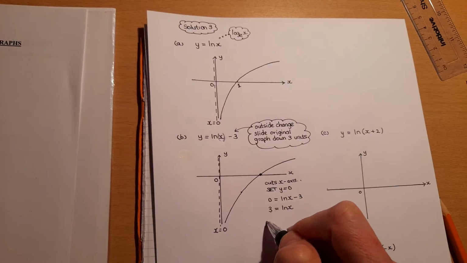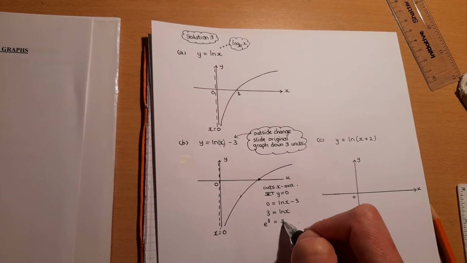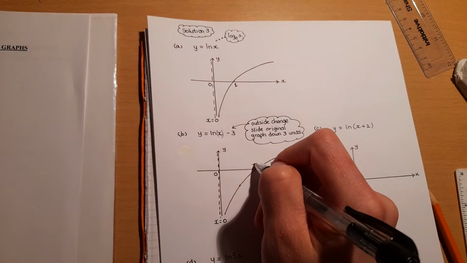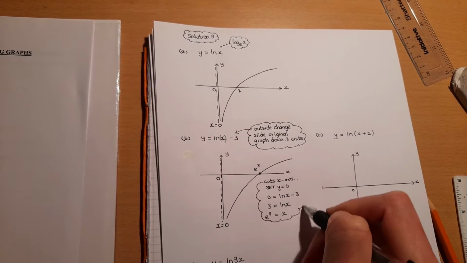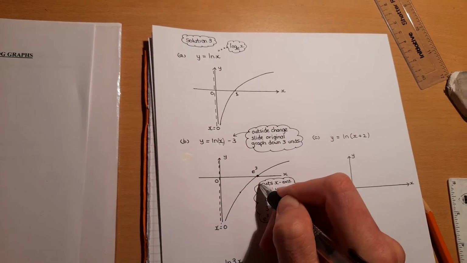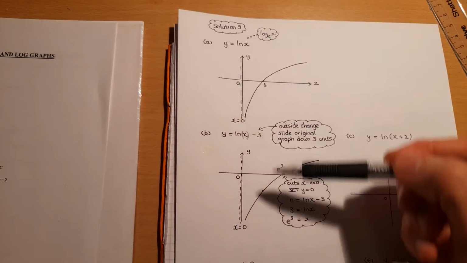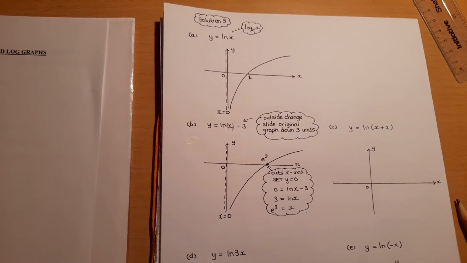So the base, remember, is e, so it's raised to a power of 3, and that's going to give you the number. So it cuts the x-axis at e to the power of 3, so we can mark that on our diagram and keep it exact rather than go to the calculator and give it as a decimal. So that's what's happened to the original graph there. That slid 3 units down.